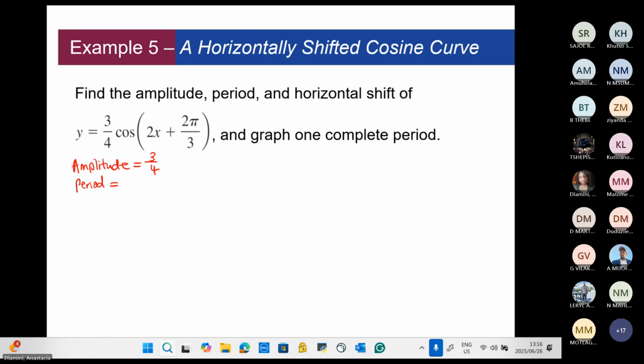Pi. 2 pi over 2. 2 pi. Is someone confused there? Guys, is there someone confused? Because someone is saying the period is 2 pi.